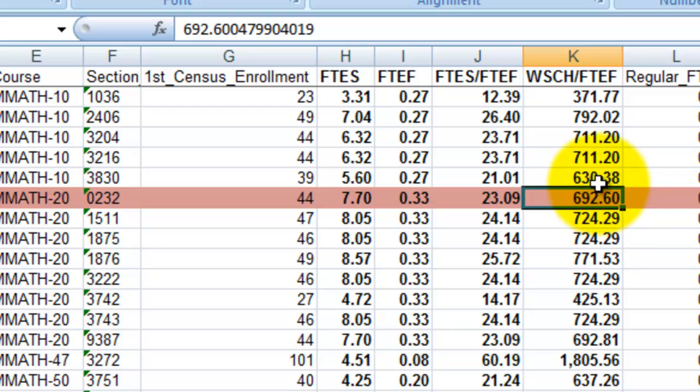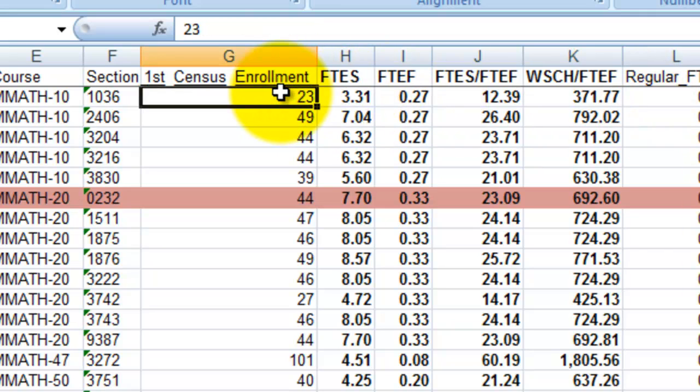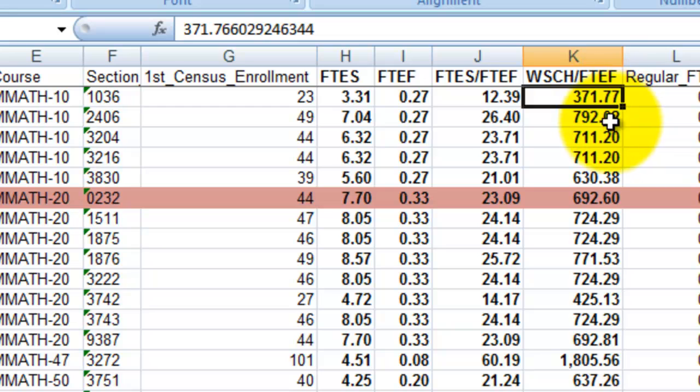You're going to see numbers that range from small values. Small values come from small enrollments. They also come from small numbers of contact hours. Math 10 is a 4-unit class, but 23 students gets a productivity value of 371. Then you also get some really high values.